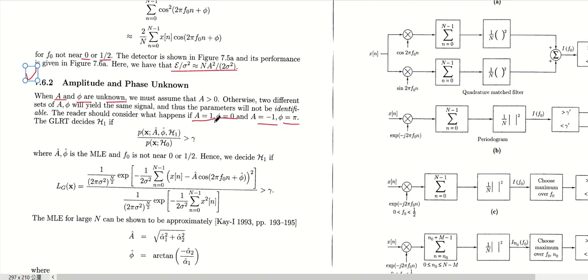If you imagine you have a cosine and you have a minus cosine, the difference is the phase is changed by 180 degrees. So you put a pi in a different cosine and they will be identical. This is called ambiguity, not identifiable. In a lot of places, it's ambiguity.